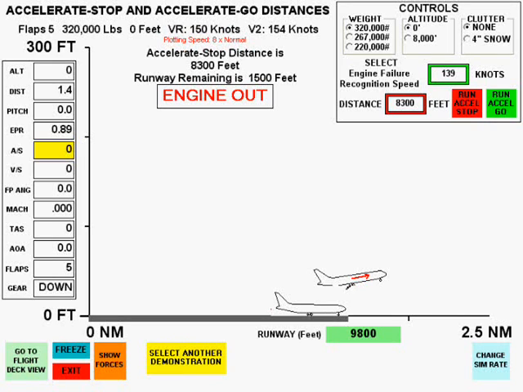With an engine failure recognition speed of 139 knots on this 9,800-foot long runway, we can easily stop and just barely go. Now let's try a takeoff with the engine failure recognition speed equal to VR, which is 150 knots.